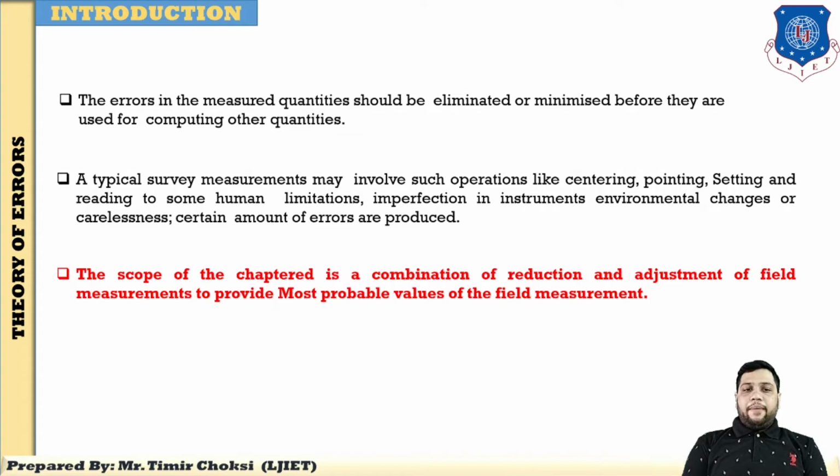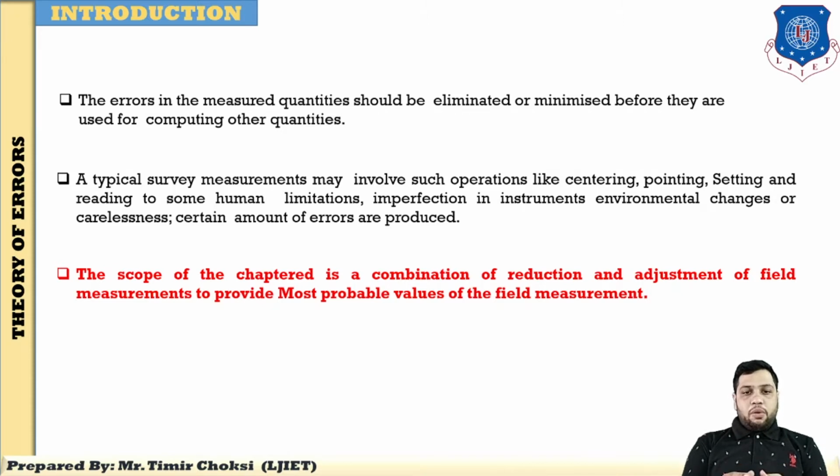A typical measurement may involve operations like centering, pivoting, setting and reading. Due to human limitation, imperfection in instrument, environment or weather changes or carelessness of the observer, a certain amount of error is produced. So these errors are reduced and distributed in a field measurement.